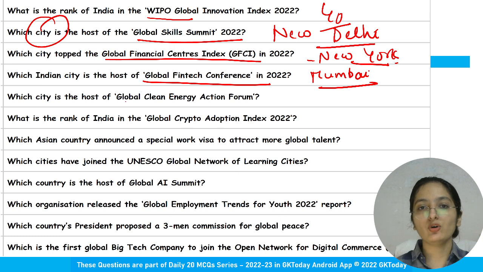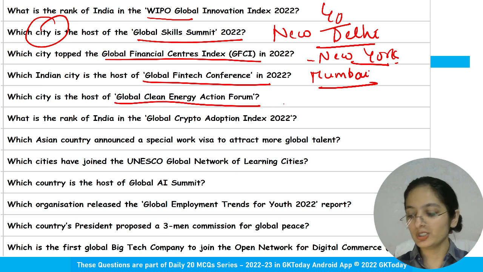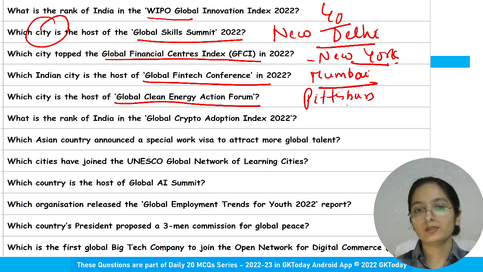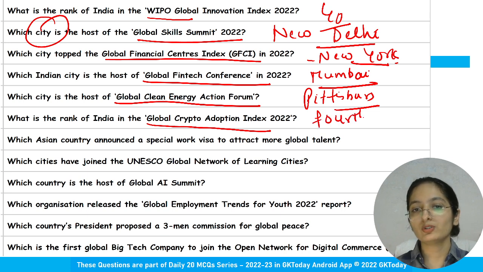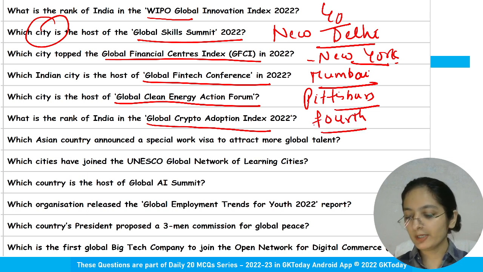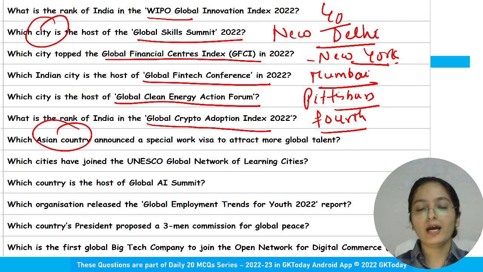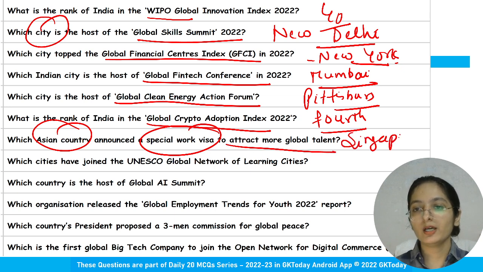Which city is the host of Global Clean Energy Action Forum? Pittsburgh. What is the rank of India in Global Crypto Adoption Index 2022? Fourth rank. Then coming to which Asian country announced a special work visa to attract more global talent? Singapore. Which city has joined UNESCO Global Network of Learning Cities?